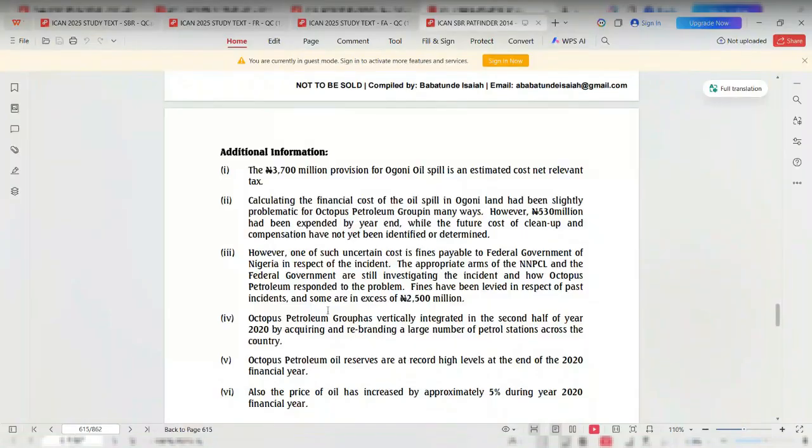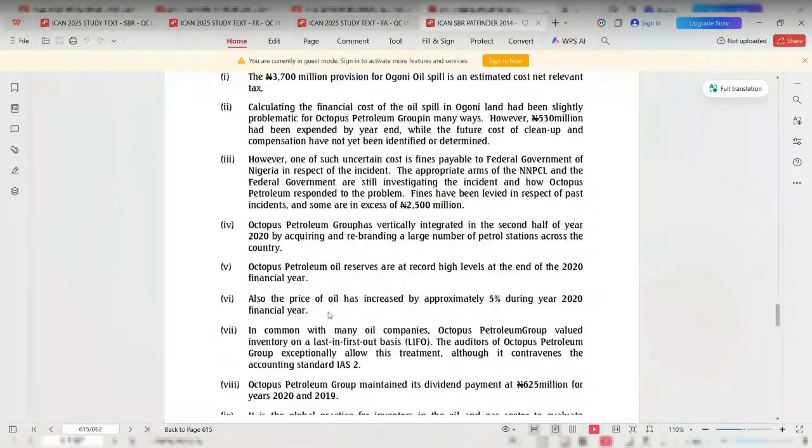So you should be able to explain in your profitability analysis that the company's profit actually increased due to the fact that they have acquired and rebranded some more filling stations, which will have generated profit for them in return. So take note of that.